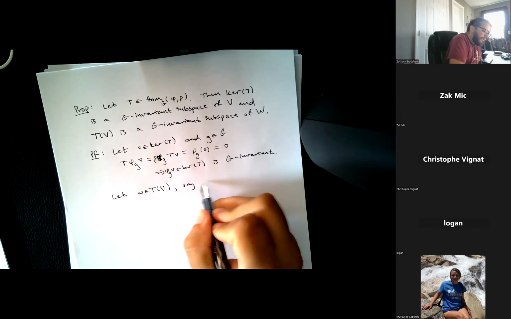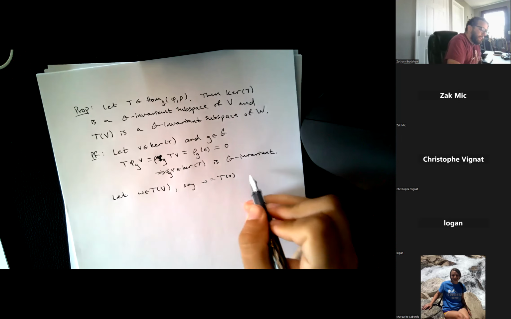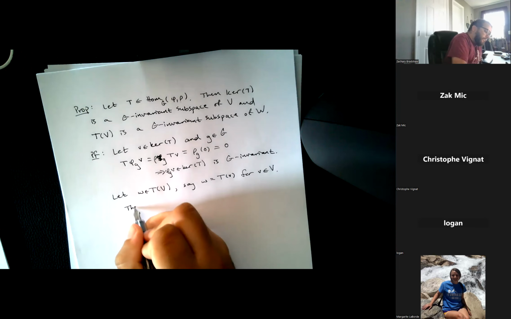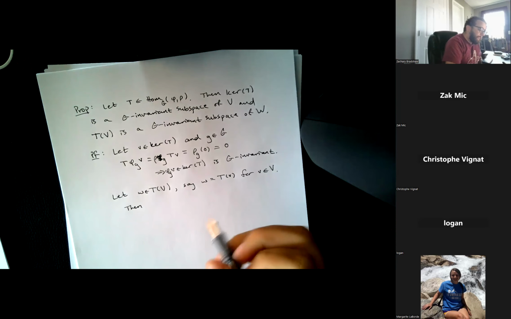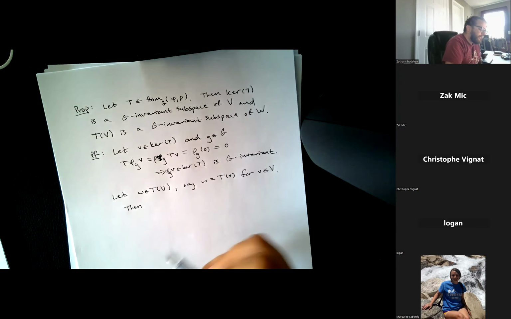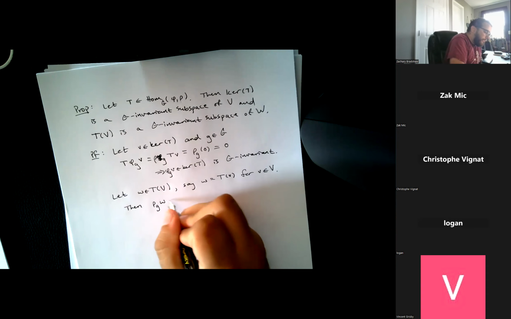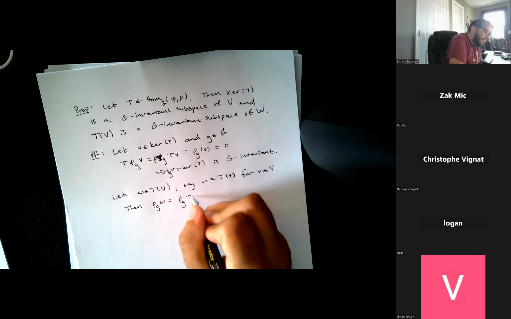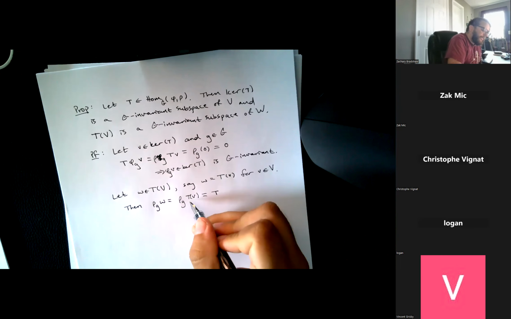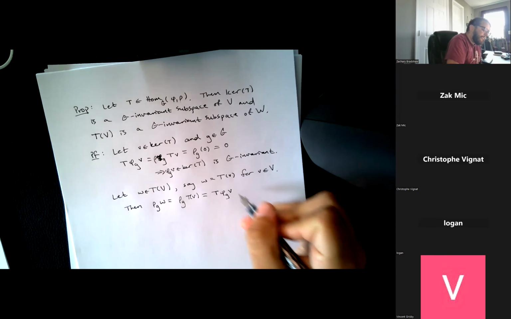Let's say that w is equal to T of v for some v in V. Then I want to show that rho g w is also in the image of V under T. Well, rho g w is rho g T v, and this is the same, since T is in the Hom set, as T phi g acting on v.